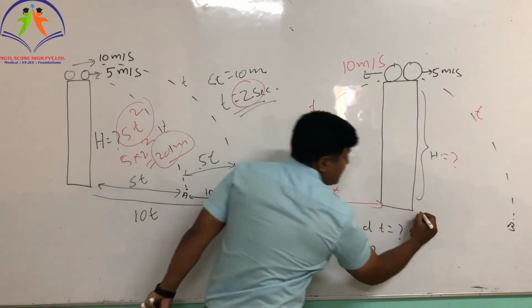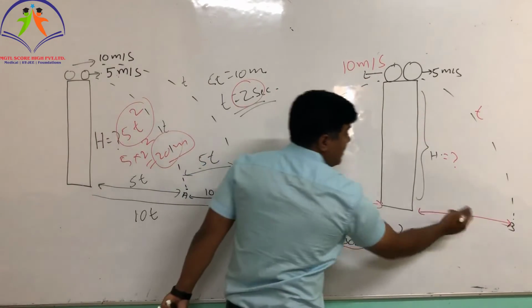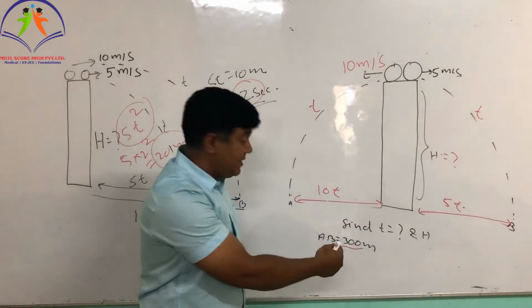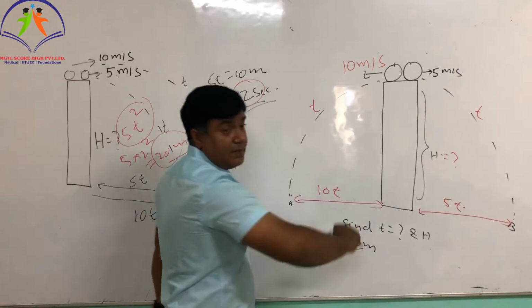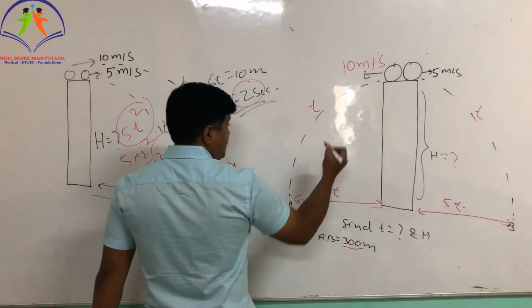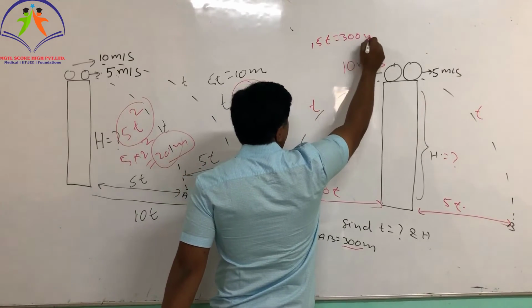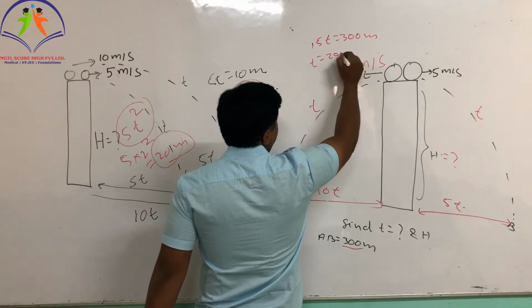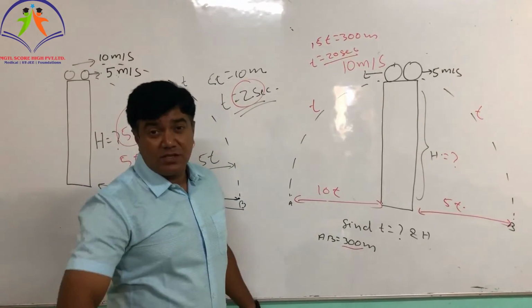Now 5 into t is the distance of the other stone from the base of the tower. Overall total distance is given, 300 meter. So 10t plus 5t equals 300 meter, that is 15t equals 300 meter, or t equals 20 seconds. See how simple the question was.